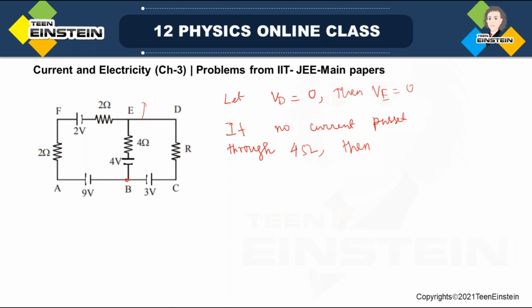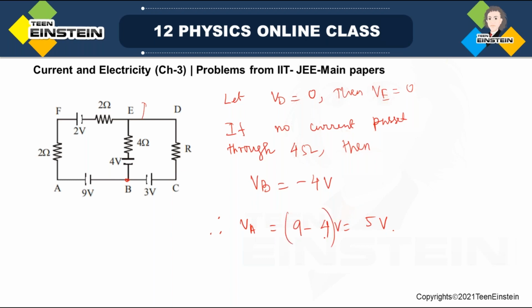So VB will then be minus 4 volt. Therefore VA will be VB minus 4, that is 9 minus 4, so it is actually 5 volt.